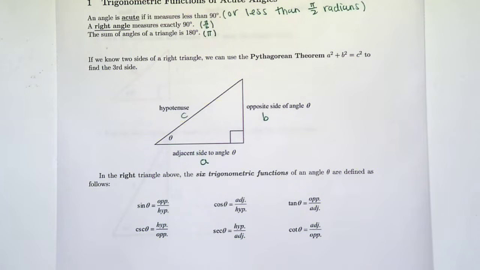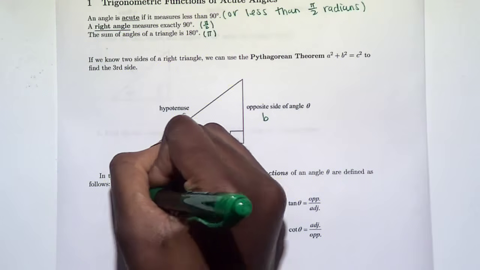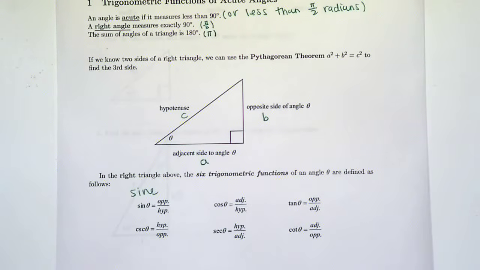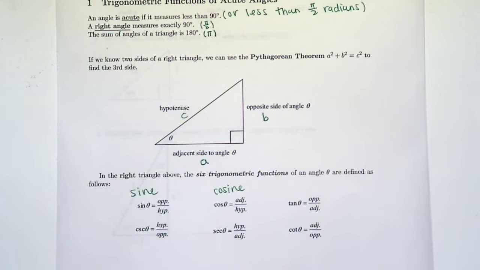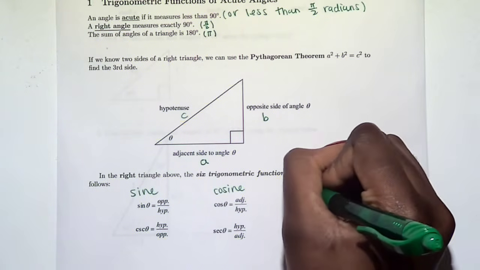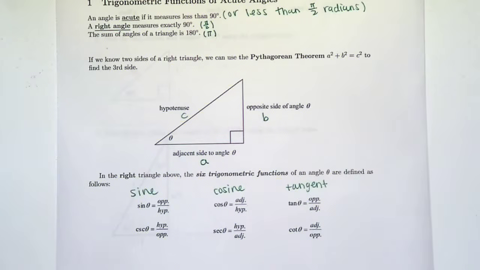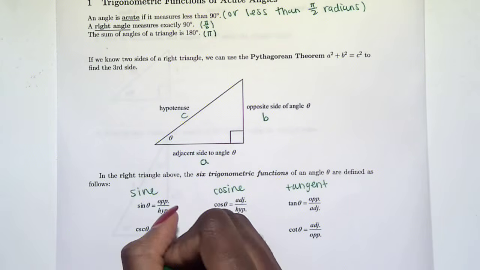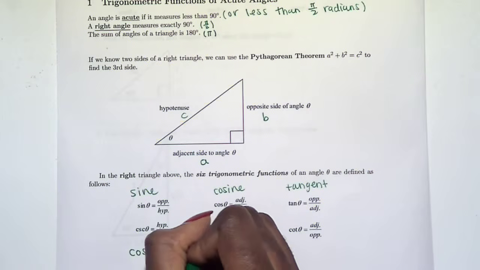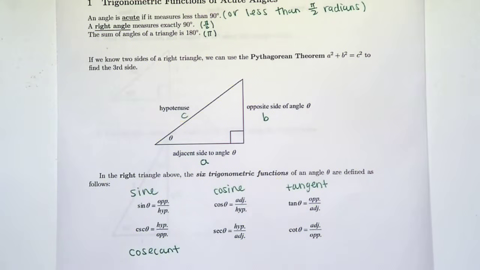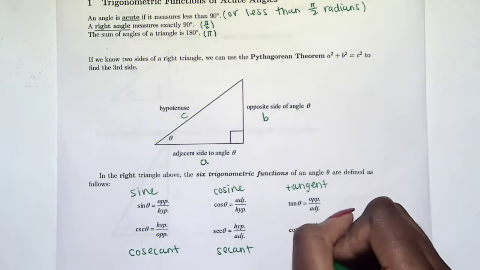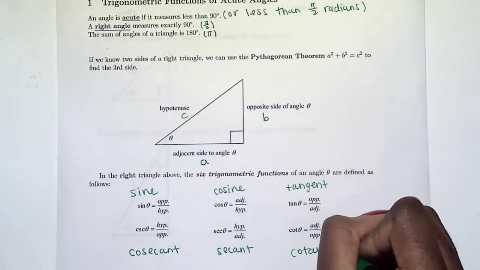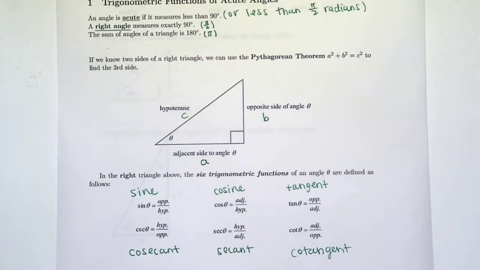The way these are pronounced, this one is sine, this one is cosine, this is tangent, this one is cosecant, this one is secant, and then finally cotangent. So you can see some are kind of named after the others. They're all related actually.